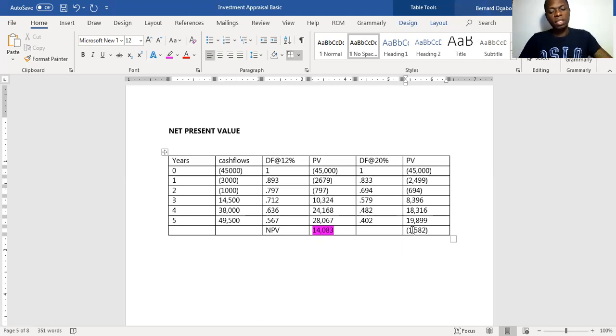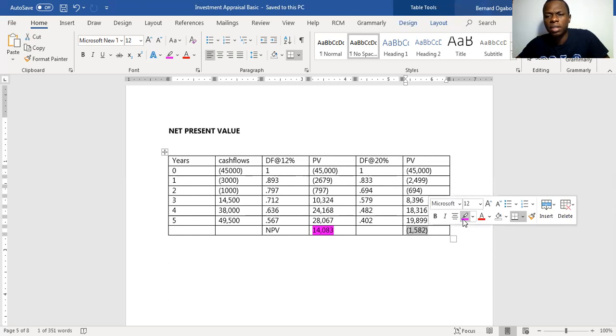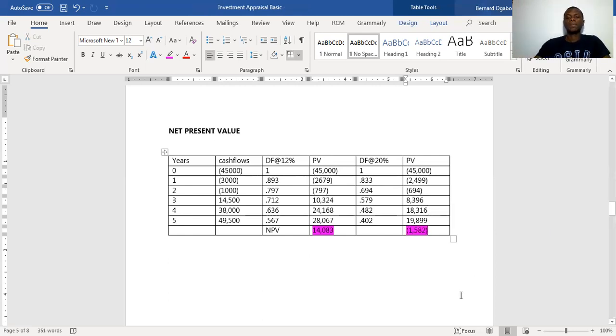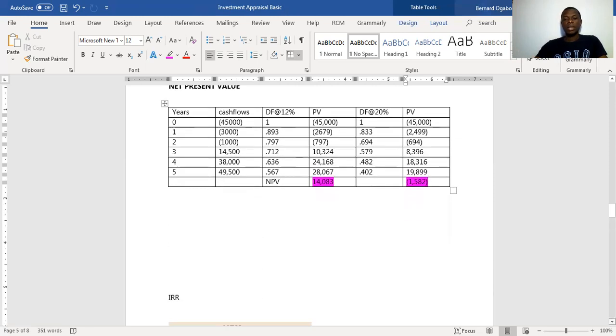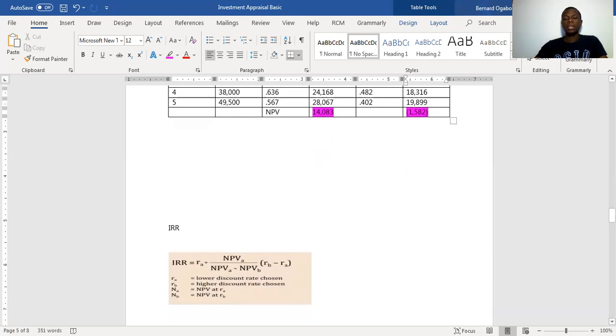So we've achieved our objective of having two discount factors, obtaining a positive NPV, and also obtaining a negative NPV. With that, we are now going to calculate our internal rate of return.